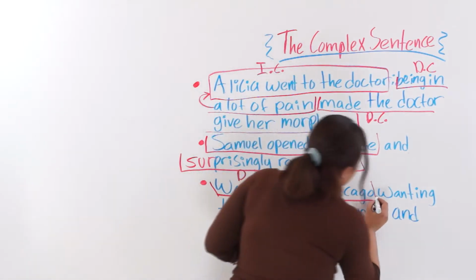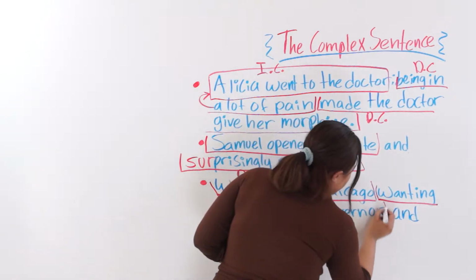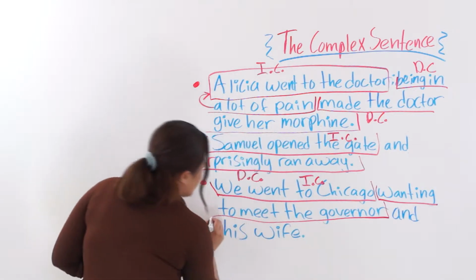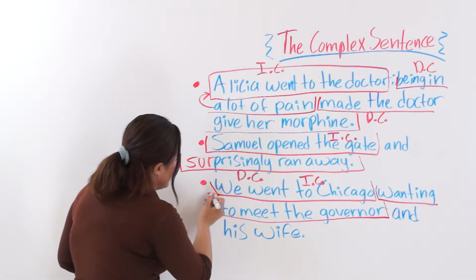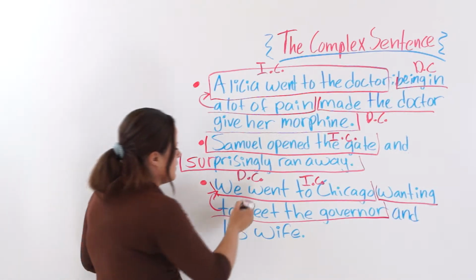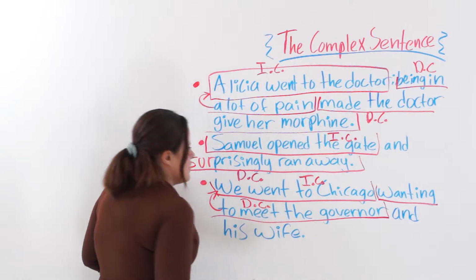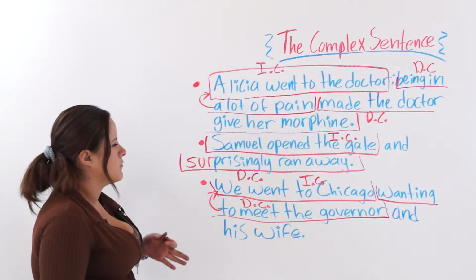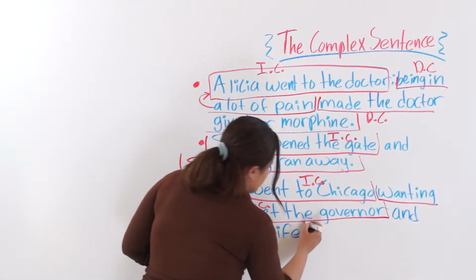But we have this other part here, wanting to meet the governor. This would not make sense without this part here. So this is a dependent clause. We went to Chicago wanting to meet the governor and his wife.